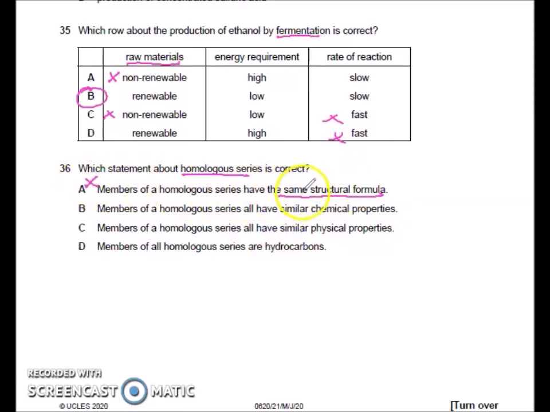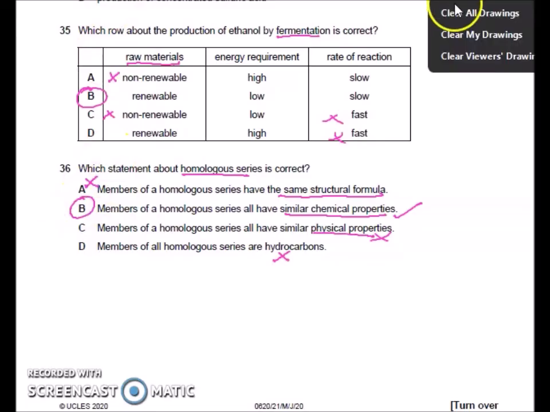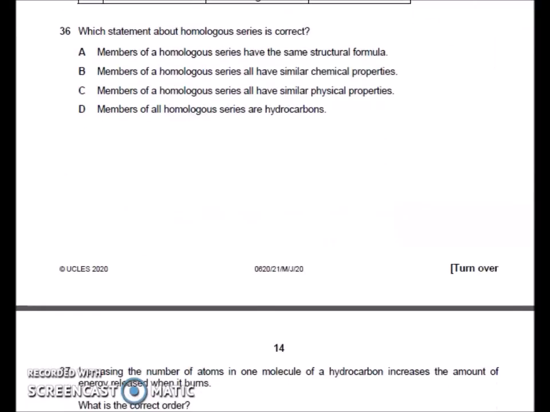They have the same molecular formula but different structural, and here similar chemical properties can be accepted. They are not hydrocarbons. Like C, members of a homologous series all have similar physical properties. Not really. So the best answer here will be B. Okay, next we move on with number 37.